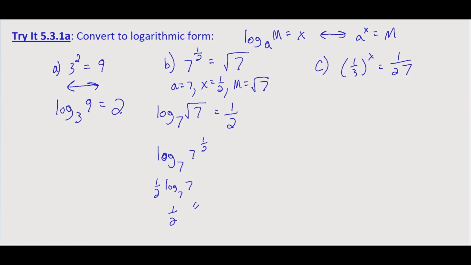Now with this last one, we have an exponent involved. So it's 1/3 to the x. Thankfully, it's the same exponent, the same variable that we use in our formula, a to the x equals m. So a equals 1/3, x equals x in this case, because the exponent is still just x, and m equals 1/27.